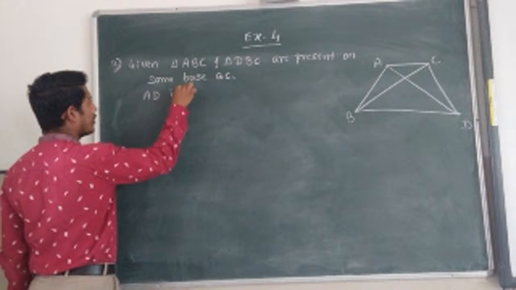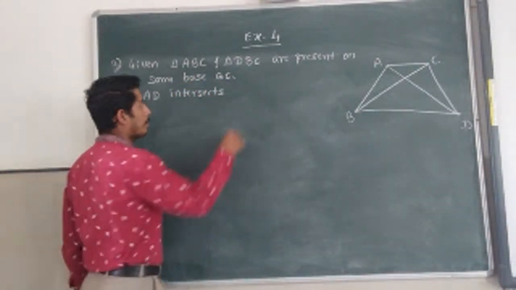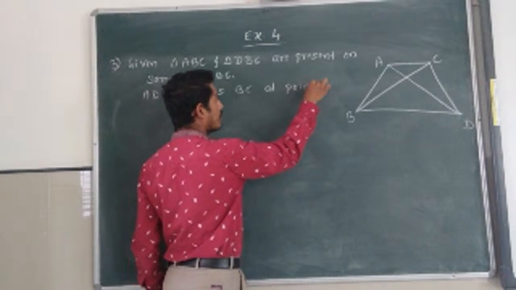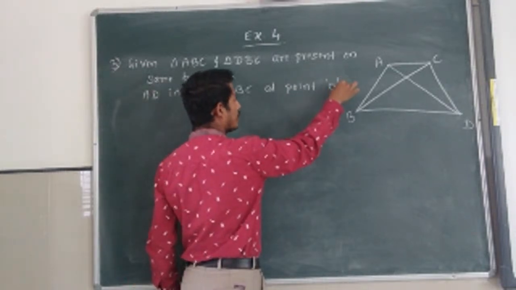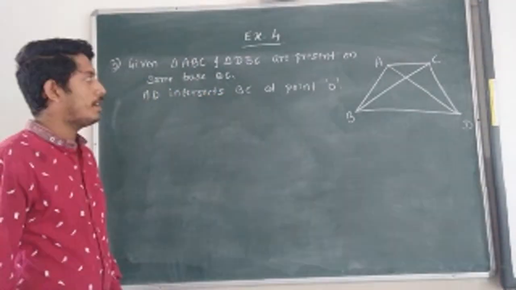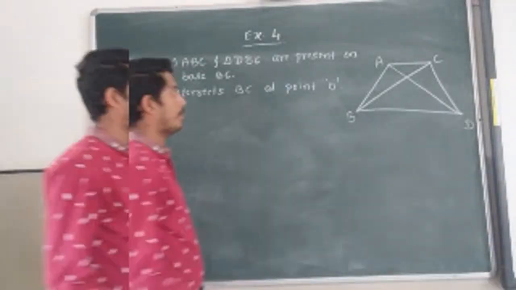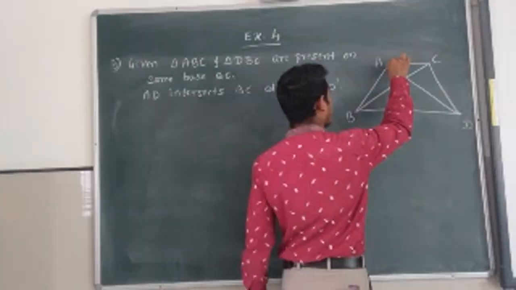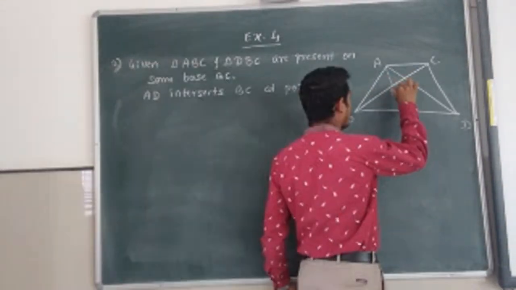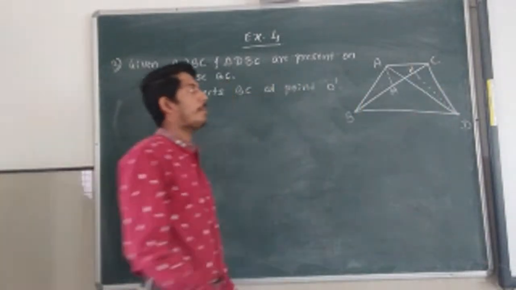AD intersects BC at point O. Then I'll consider a line AM which is perpendicular to BC, and DN, which is also perpendicular to BC.